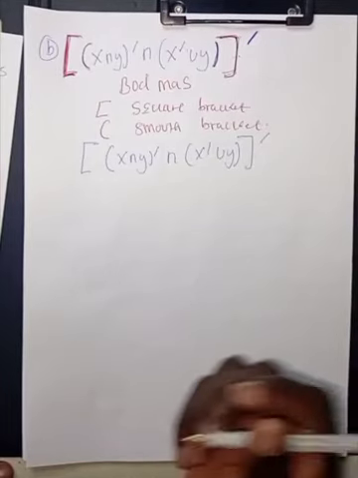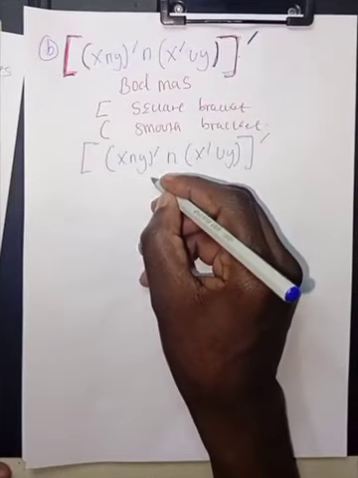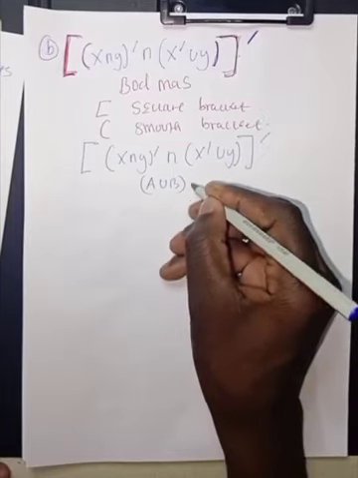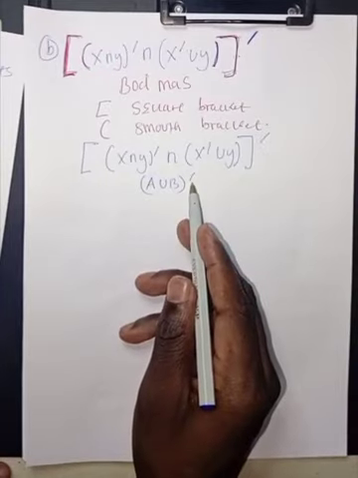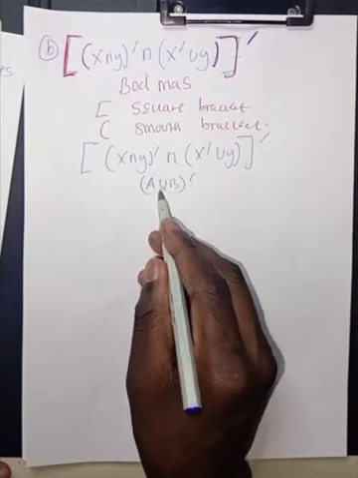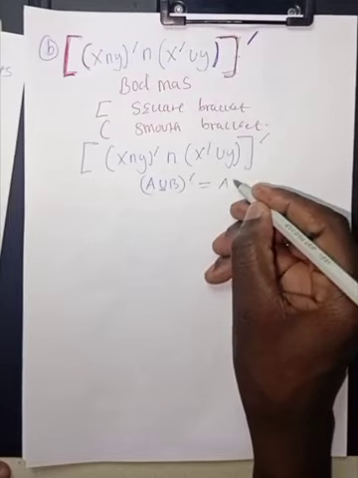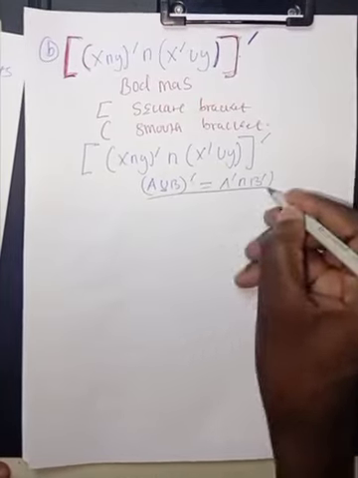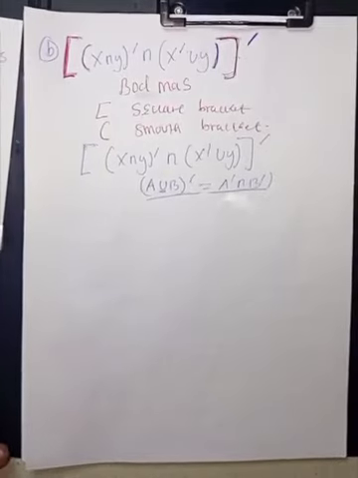And we remember the property that if we have A union B with a complement outside, taking the complement inside to individual sets changes the sign in between them. So this can become A complement intersection B complement. This is very important to remember.